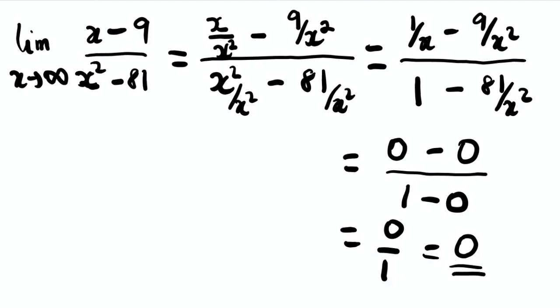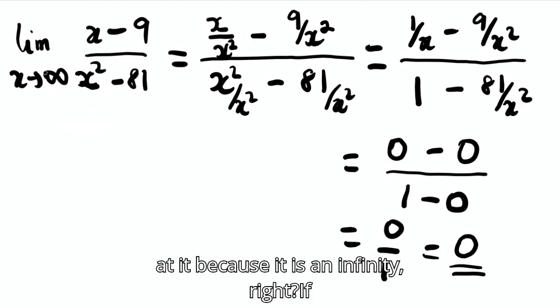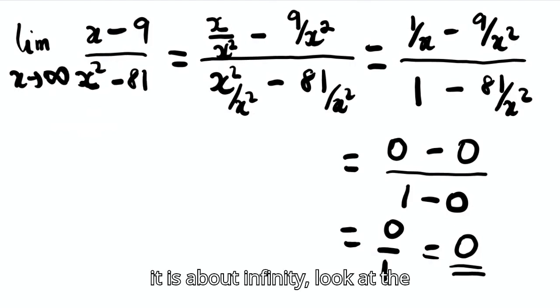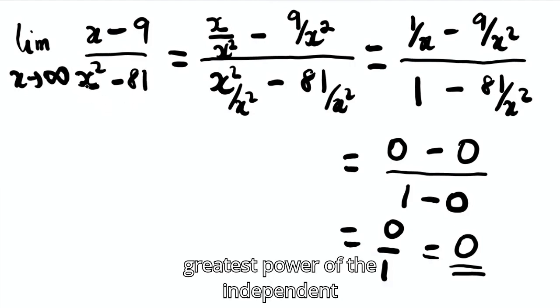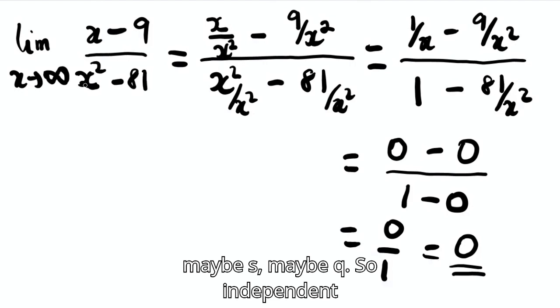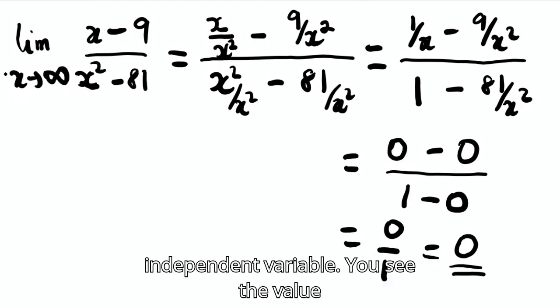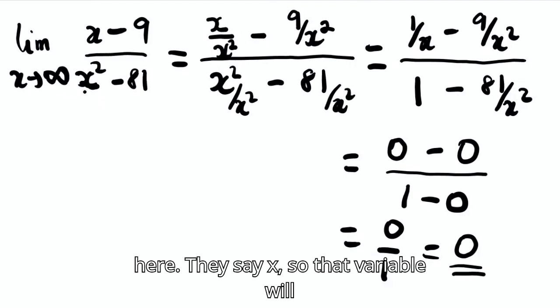Okay. Let's go through that again. Because it is an infinity, right? If it is about infinity, look at the denominator and pick the greatest power of the independent variable. In this case, our independent variable is x. I'm saying independent variable because sometimes it may be t, it may be s, it may be q. How do you find the independent variable? You see the value here. They say x, so that variable will be the one.